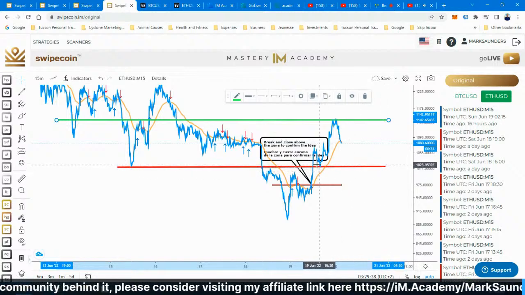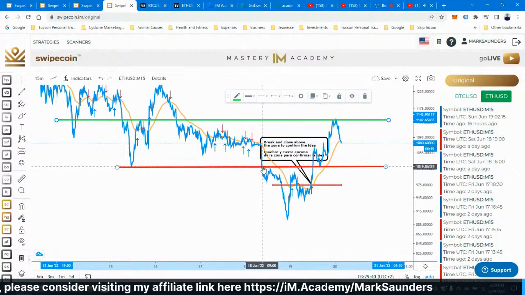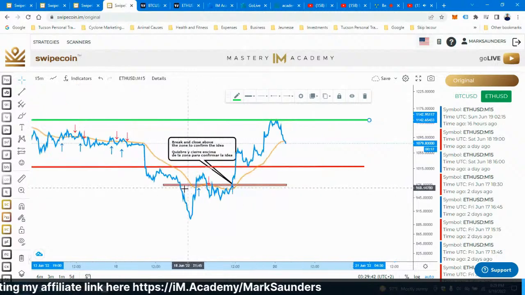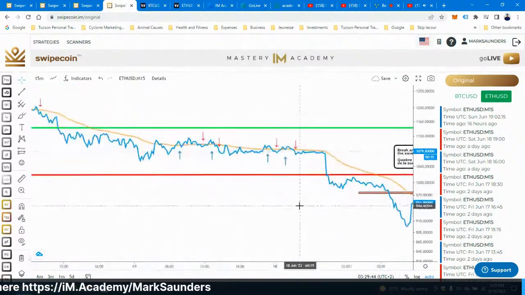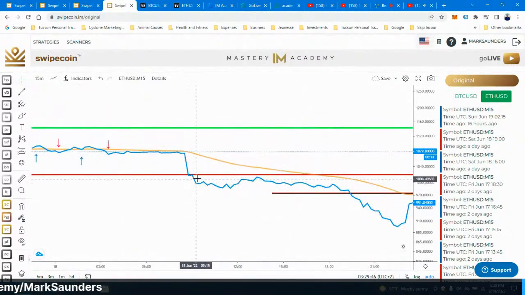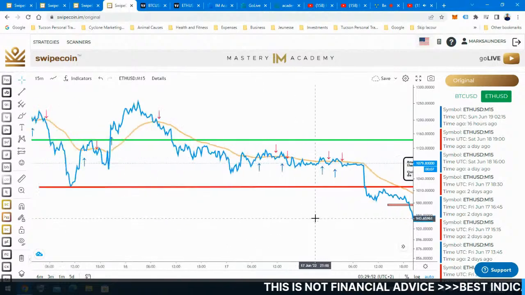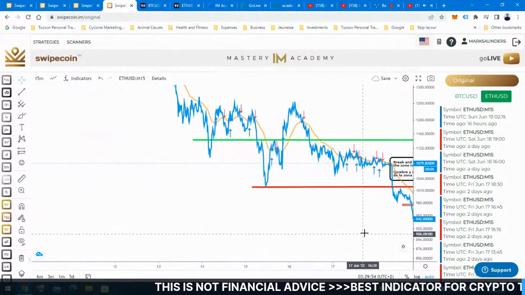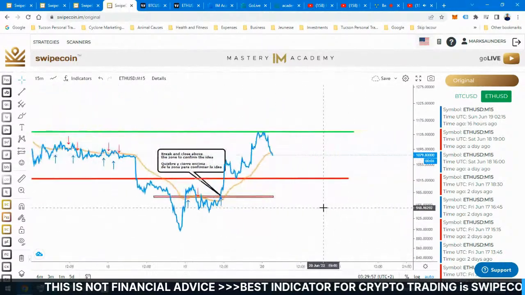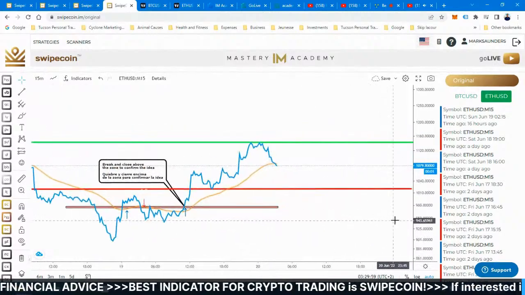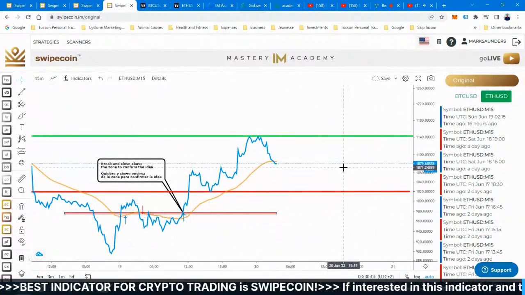Look at these touches. 1, 2, 3, 4, 5. Sometimes people don't count this. That's actually considered almost 2 touches right there. Okay, look at that. Boom. So that looks like it. So I'm going to go with those as my resistance and support.